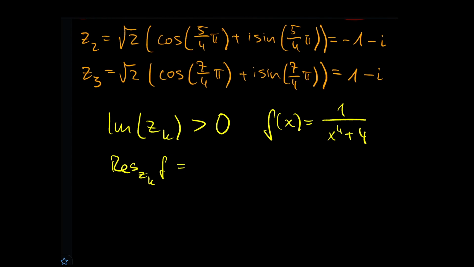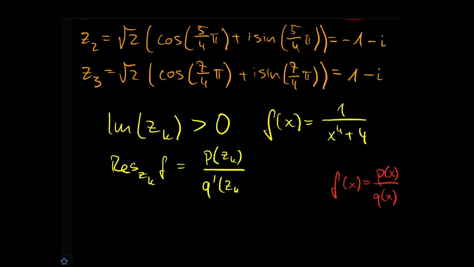So f of x is a polynomial divided by another polynomial, so a rational function. So the residue of this function at a singularity z_k is just the numerator polynomial at this singularity divided, and now comes the special part, by the derivative of the denominator polynomial evaluated at the singularity. So it's quite simple. We just have to calculate the derivative of this denominator here.